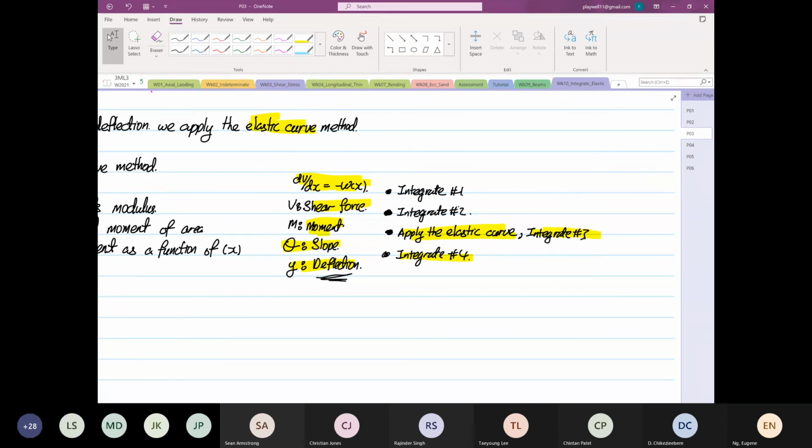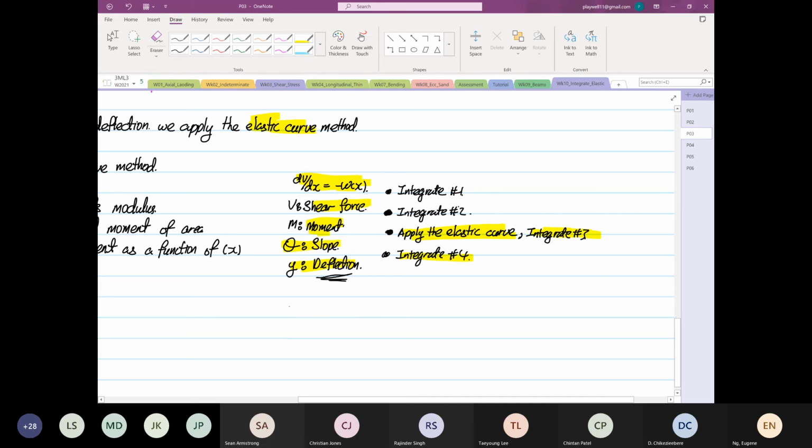So let me write the final form for you. Let me go one step back and start from the moment equation.